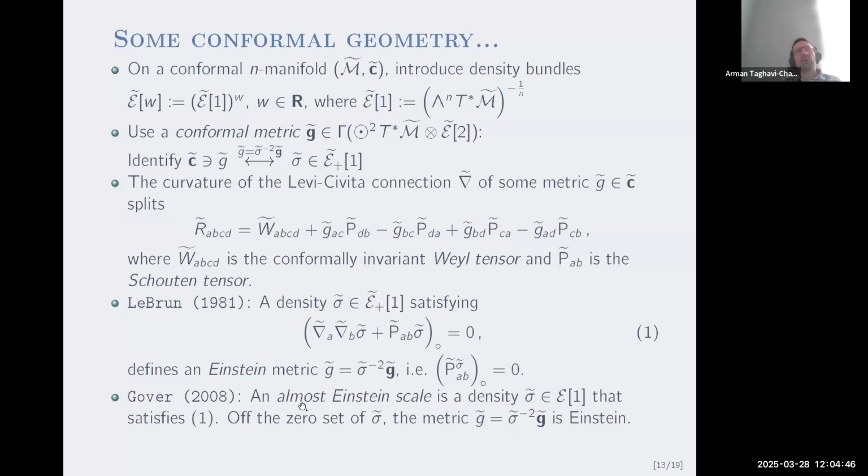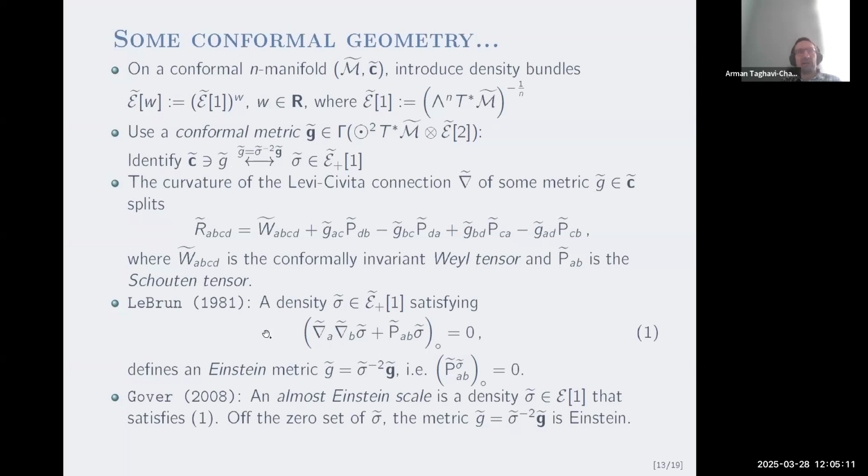So then there is the problem of considering specific metrics in the conformal class that satisfy some properties. One of them is, of course, if we're interested in Einstein metrics, we might consider a differential equation on the density that corresponds to the actual metric here.